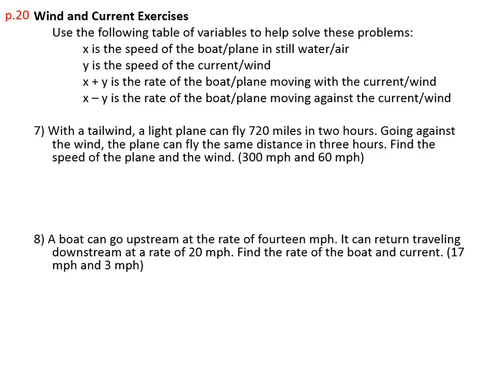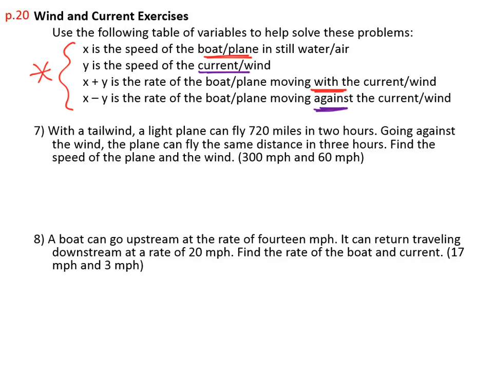If you always let x be the speed of the boat or the plane in still water or air, and then let y be the speed of the current or the wind, then it's easy to define your variables. Keep in mind x plus y is when you're moving with the wind or the current, and x minus y is when you're moving against the wind or the current. It's going to slow you down. You're going to move at a slower rate.